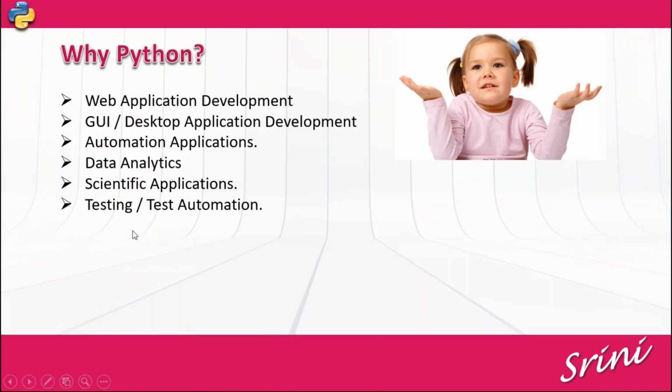And for testing purposes, of course, one or two of you may have testing knowledge also. Earlier days, we used Perl script for test automation scripting purposes. Nowadays, everyone is asking to develop the test scripts using Python.